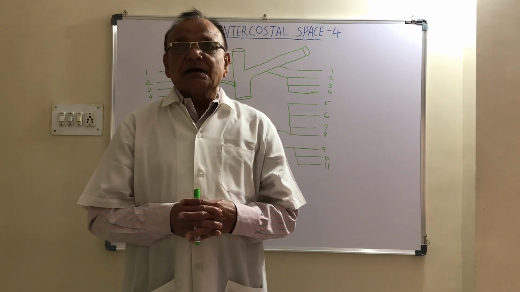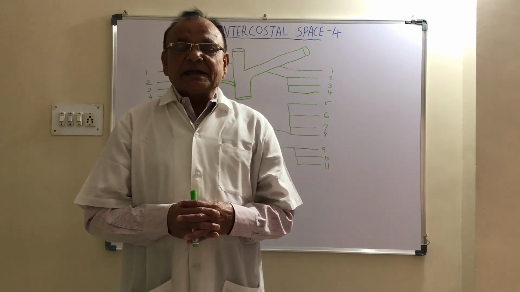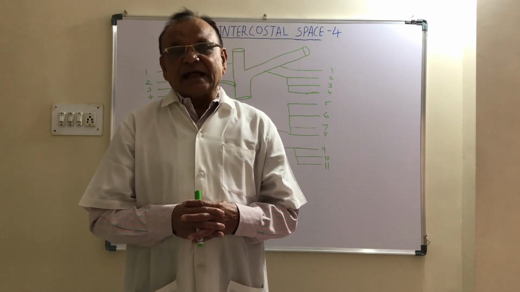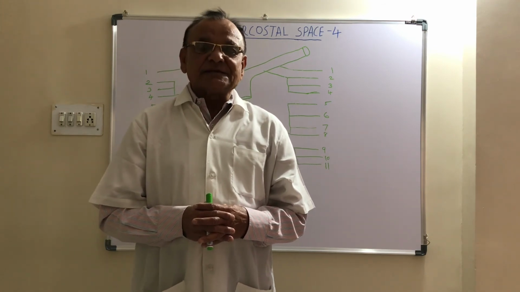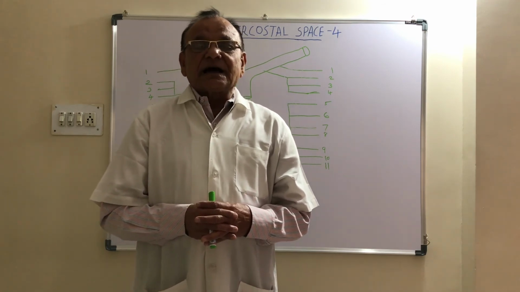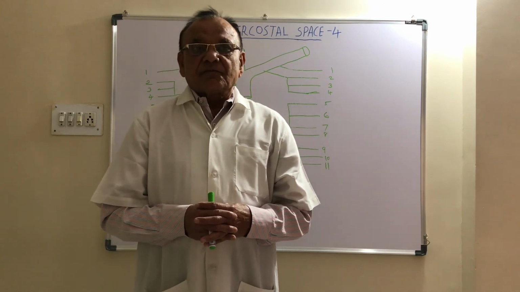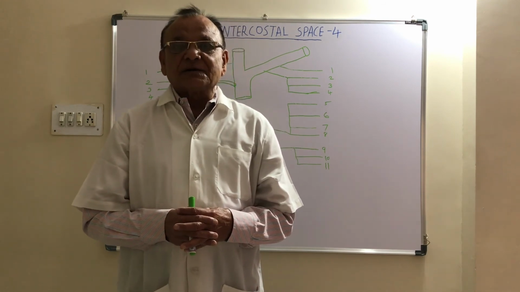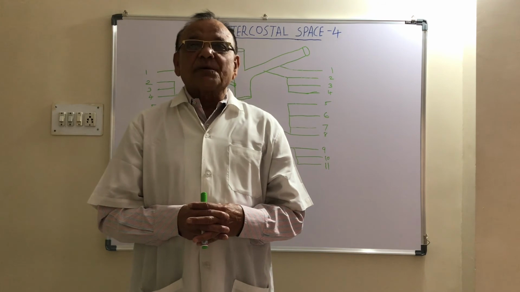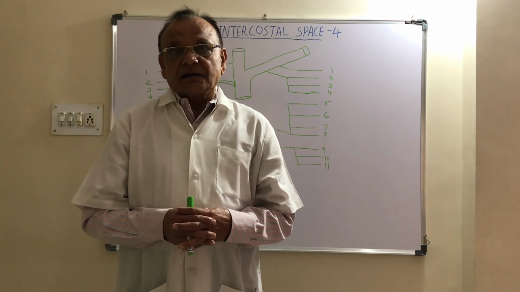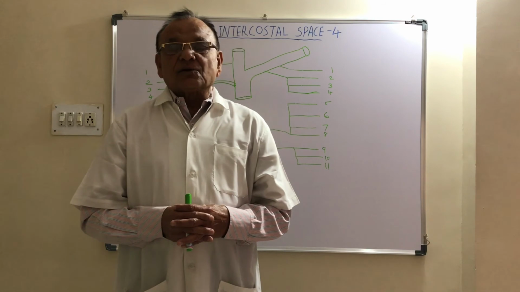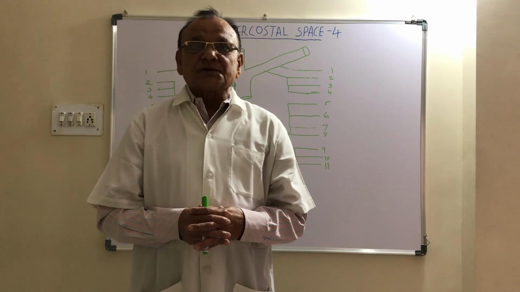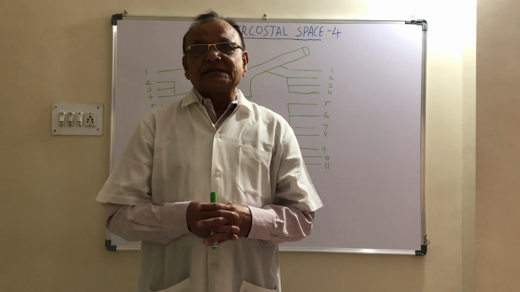The anterior intercostal arteries of the 7th, 8th and 9th spaces are branches of the musculophrenic artery. So the anterior intercostal veins of the 7th, 8th and 9th spaces open into the musculophrenic vein. The 10th and 11th intercostal spaces have no anterior intercostal artery. Similarly, the anterior intercostal veins in the 10th and 11th spaces are absent.